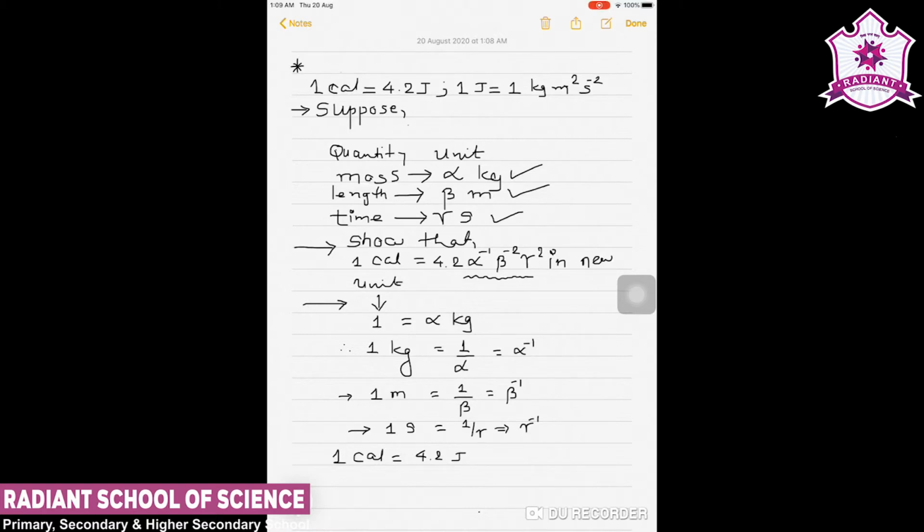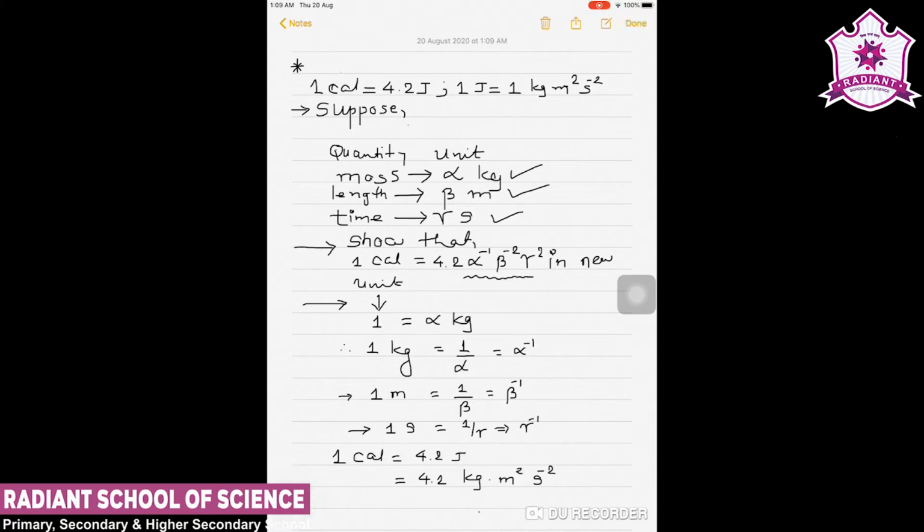Now joule, as per the old unit, we can obviously write as 4.2 kilogram into meter square into second raised to minus 2.